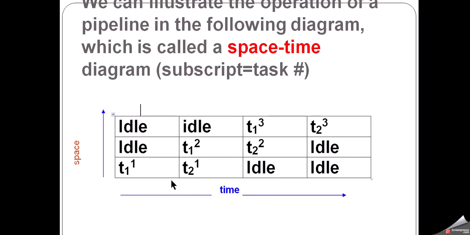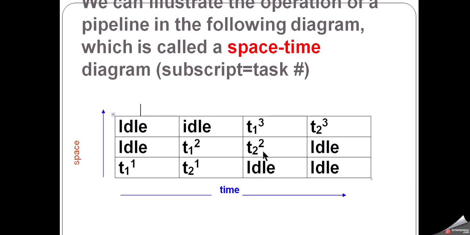Look what happens at the second period of time of operation of the pipeline. I'm putting in task 2 to be processed by stage 1, and that's happening at exactly the same time as the original task T1 is being processed by stage 2. And the third stage is idle. Okay, so looking at the next period of time, I'm not giving the pipeline any more work, I'm letting it be idle.